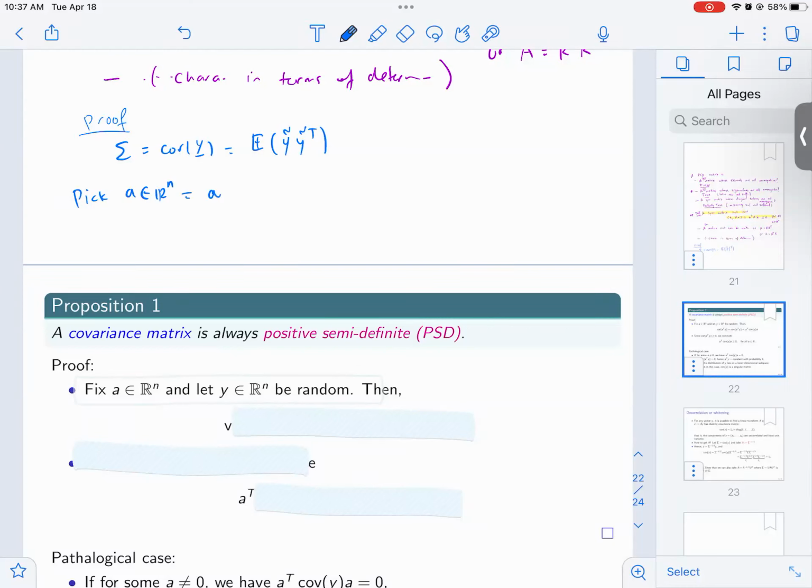I want to show that A transpose sigma A is non-negative. That's what we have to show.